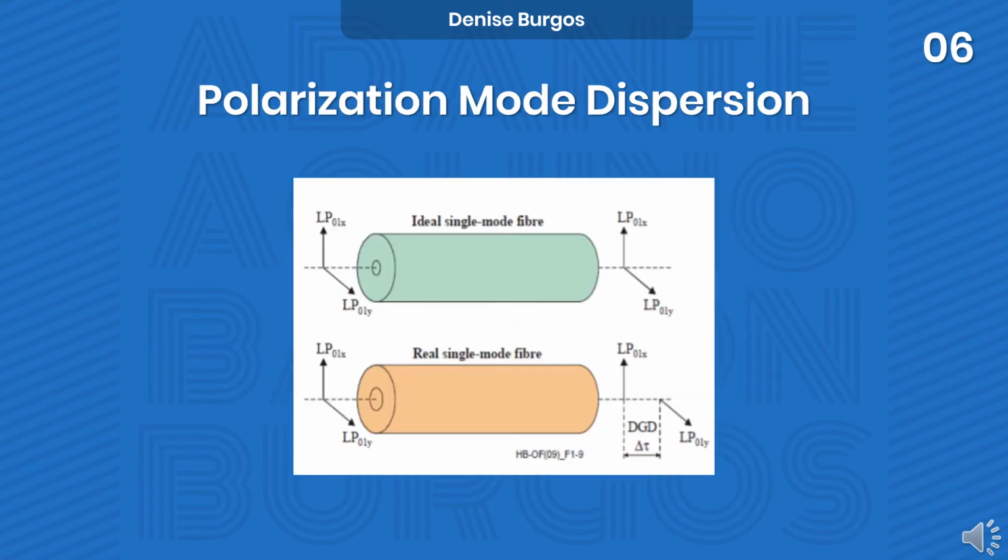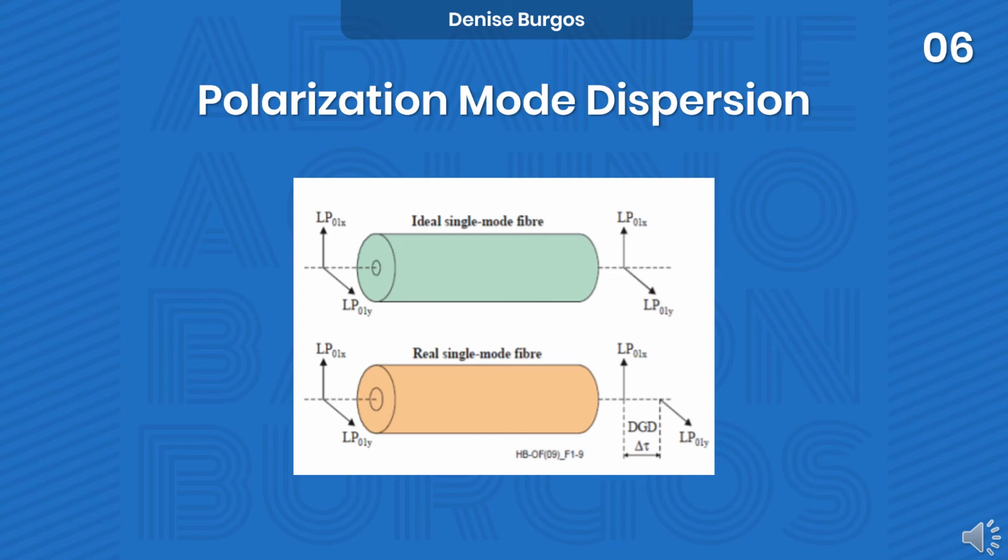Polarization mode dispersion. It is the pulse stretching that happens in single mode fiber or SMF. In SMF, pulses are transmitted in two distinct polarization modes, and the electric fields of the two modes are perpendicular to each other.